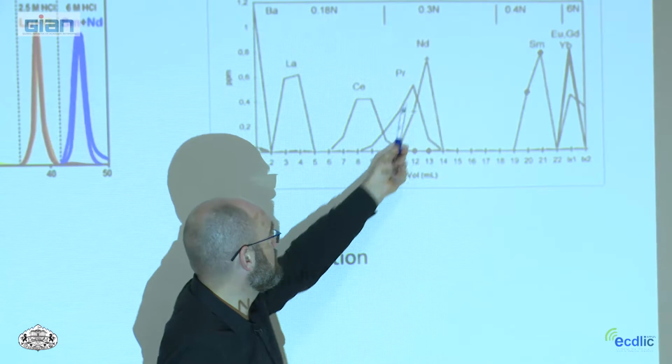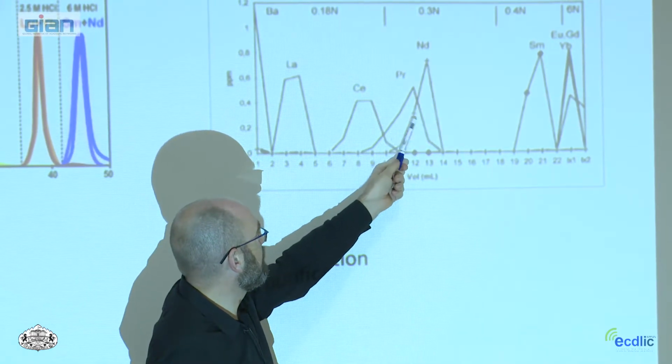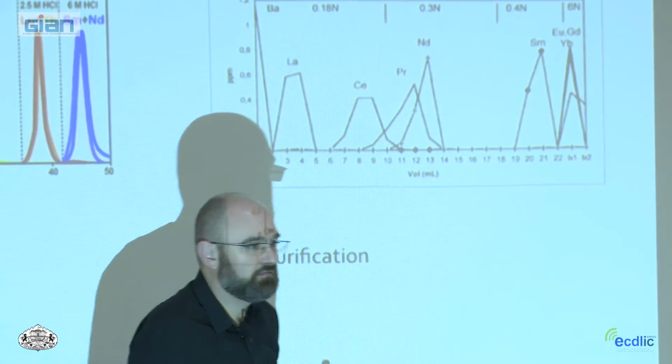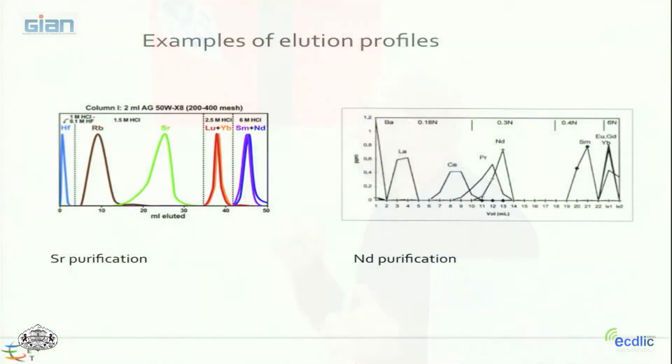So here you see there is a mixture of praseodymium and neodymium, but it's not a problem for mass spectrometry. This is typically the way we are extracting the different elements, not the isotopes, okay? We are extracting the elements.